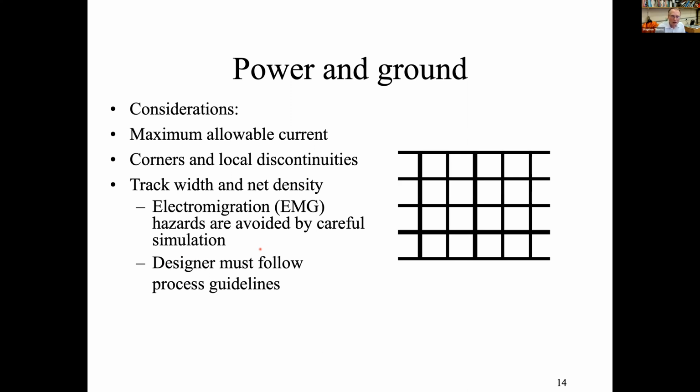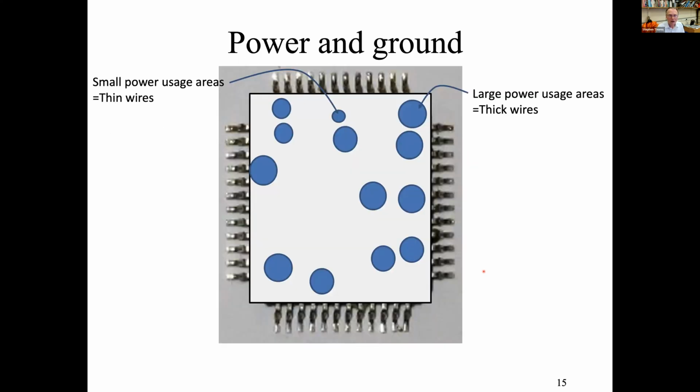So this is what you might think of as being a nice net of power distribution or whatever, but actually that doesn't work terribly well. So let's think a bit about a circuit.